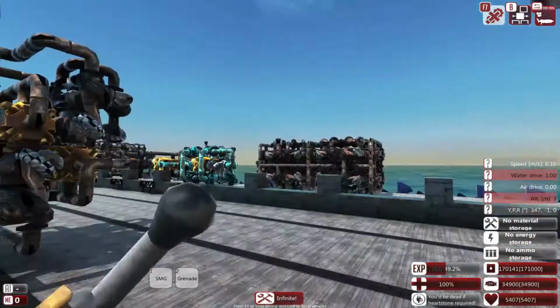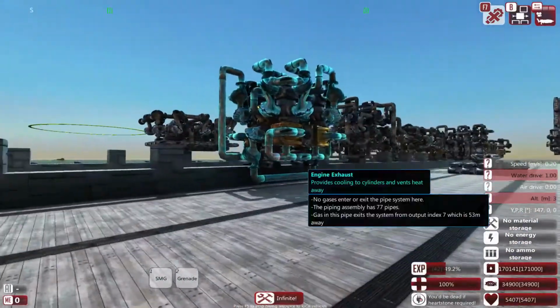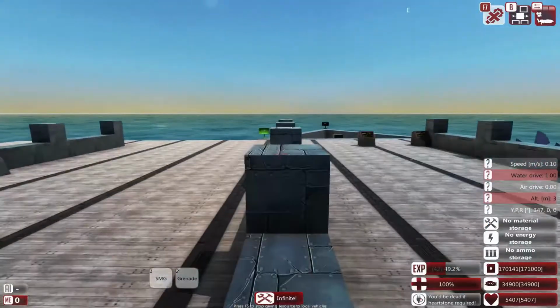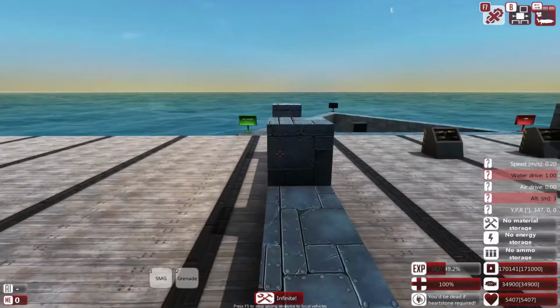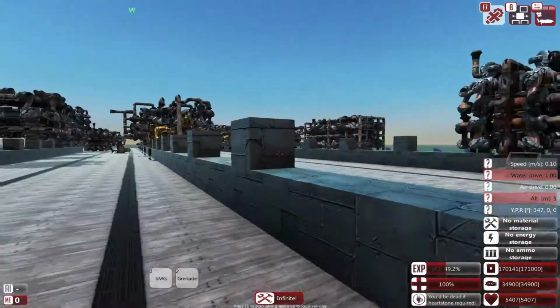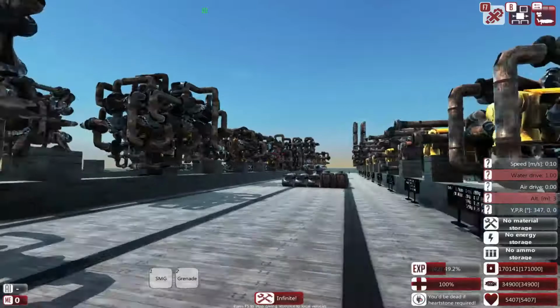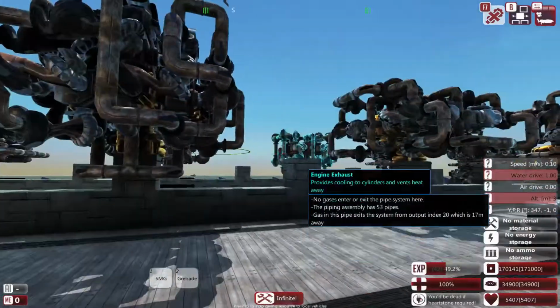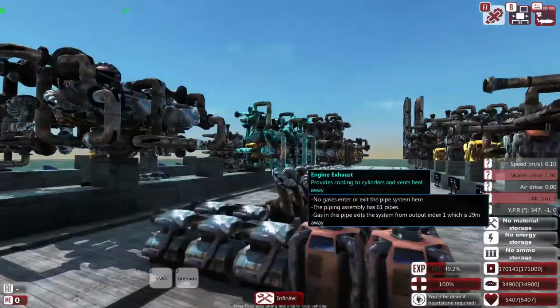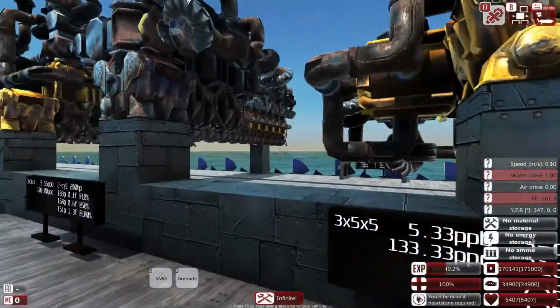If you want maximum efficiency and you have the space, you're better off putting in battery banks and running a diesel electric. A diesel electric is better.